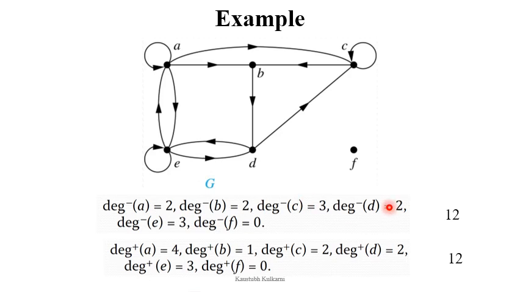So sum of the in degrees is equal to sum of the out degrees, and if you count the number of edges, 1, 2, 3, 4, 5, 6, 7, 8, 9, 10, 11, and 12. So there are 12 edges as well. Verified.